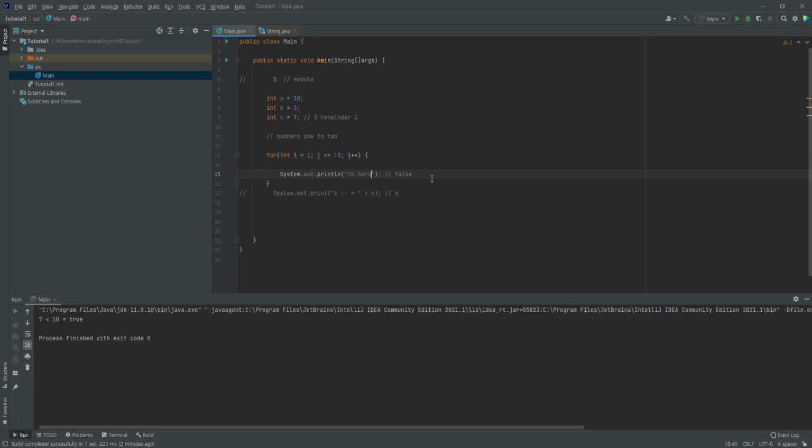The meaning of this code is that every time the operator sees that it's less than or equal, it will print "I'm here." So 1 will run until 10, since we added the equal sign here. Let me run.